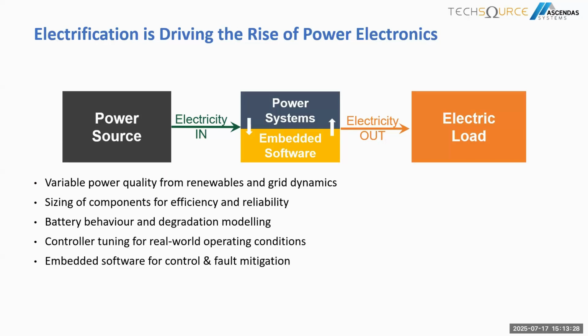We have to implement embedded systems to control or, for example, mitigate faults in our systems. And then hardware-software coexistence and integration. These are just some of the complexities that we see, not necessarily in power electronics only, but in major electrification applications.